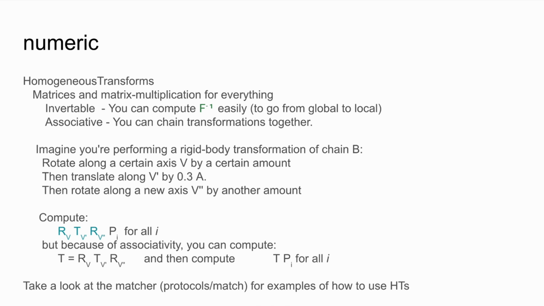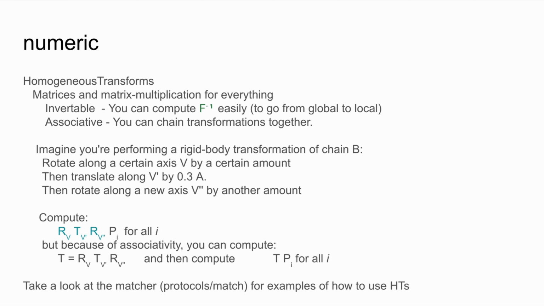And homogeneous transforms, matrices, use matrix multiplication for everything. So they're invertible, which means you can compute the inverse very easily to go from global to local coordinate systems. They're also associative, which means you can chain those transformations together.